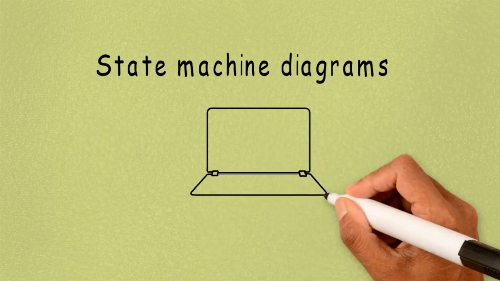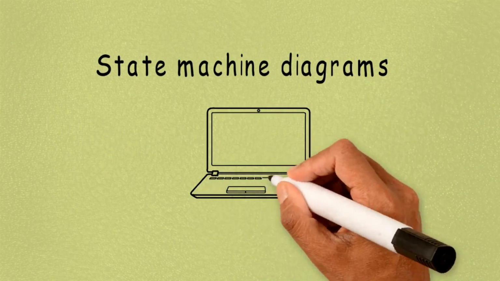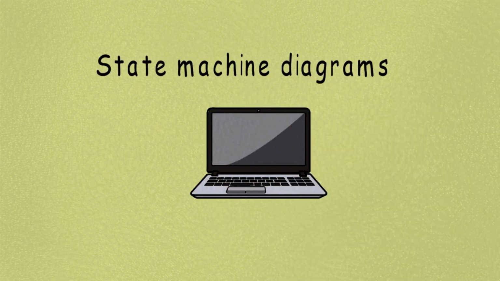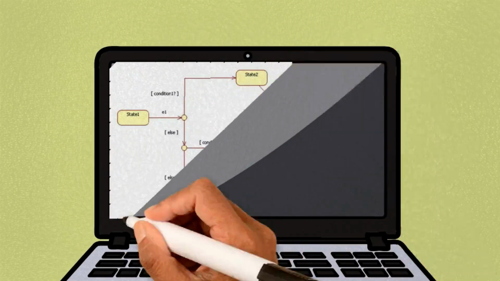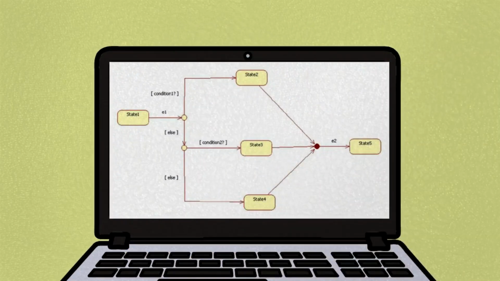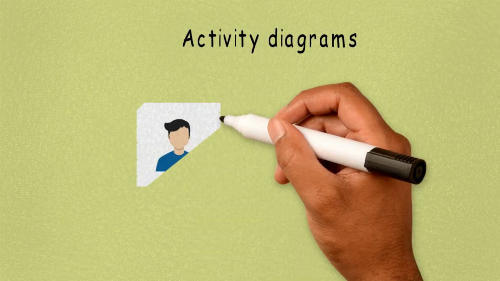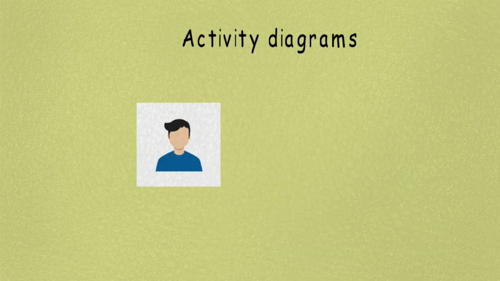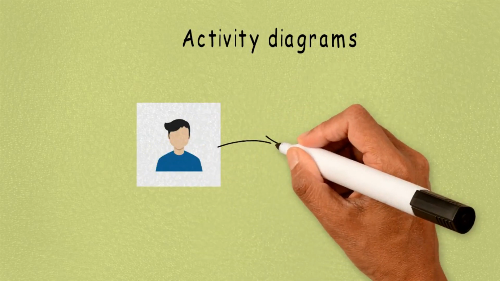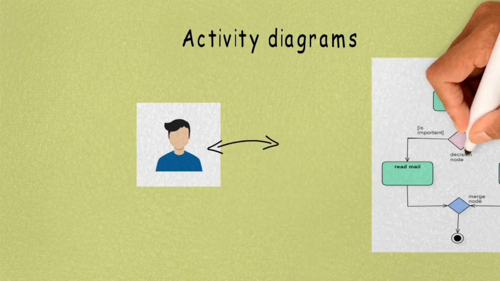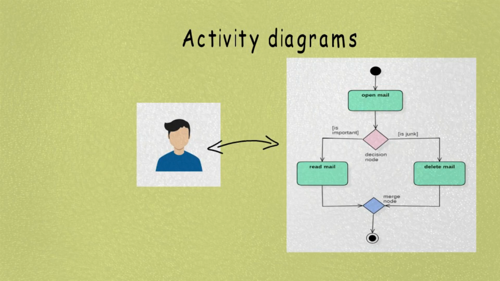The state machine diagram models the dynamic nature of the system and describes the state of each object. And lastly, we have the activity diagram. The activity diagram describes users' and also the system's activities for use cases. It's a sample of use cases.